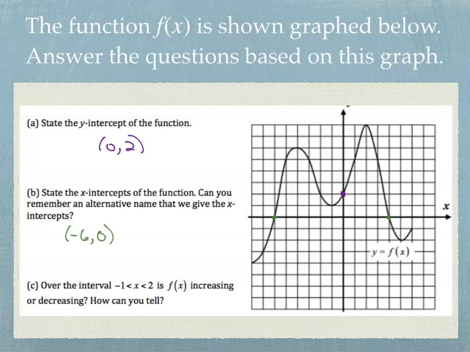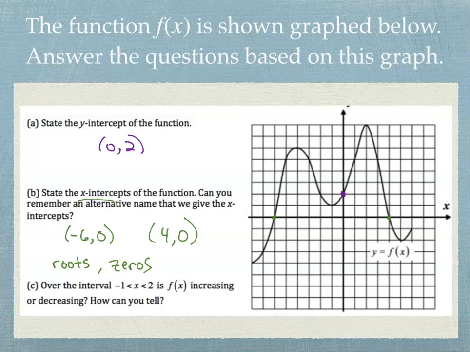So our x-intercepts happen at (-6, 0) and at (4, 0), right? 1, 2, 3, 4. We also write our x-intercepts as points. There's another name we've given to x-intercepts. We call them roots, or we call them zeros, and we will be calling them both of those things in this unit.